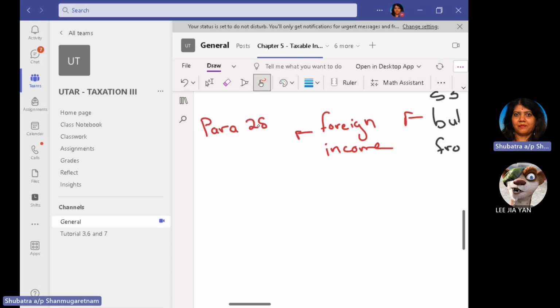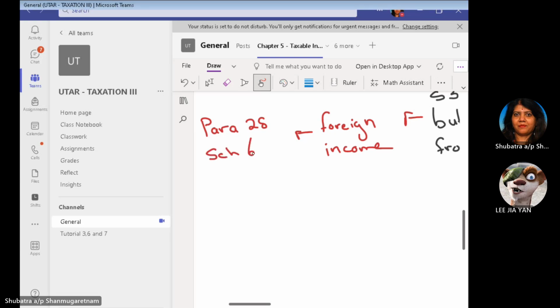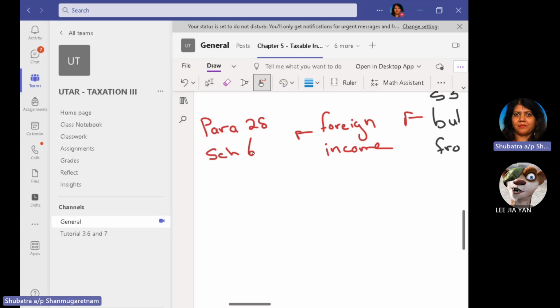Para 28, Schedule 6. Any foreign income earned overseas, sent back to Malaysia, for now, not taxable. Understand or not? That's Para 28. It's exempted from tax.